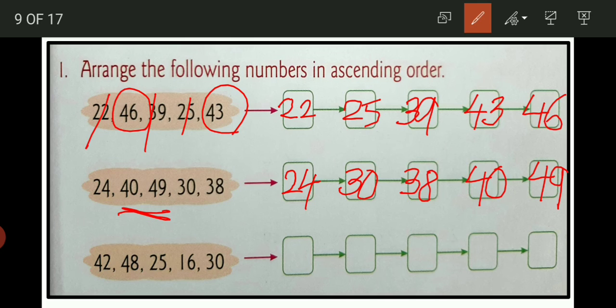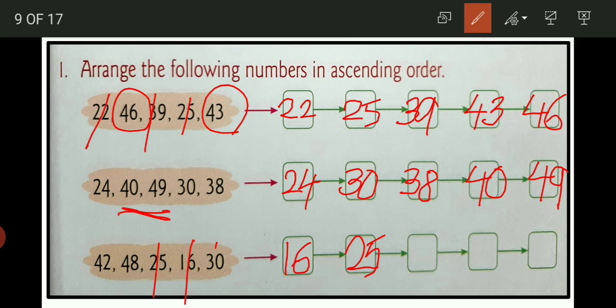Then the last set of numbers. Here you have to search which one is the smallest number. Now tell. Yes, very good children. 16 is the smallest. Now next, a little bit bigger: 25.